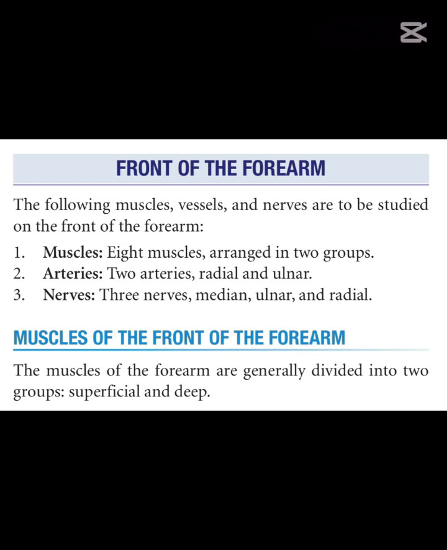Then you have 3 nerves: the median, ulnar, and radial nerve. So simple. These are the muscles of the anterior compartment of the forearm, 8 in number, don't forget: 5 superficial, 3 deep. We'll be talking about the superficial and deep using mnemonics, so you will not forget it.